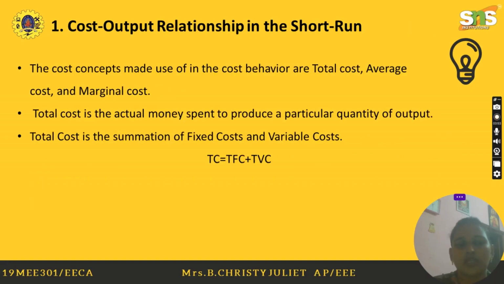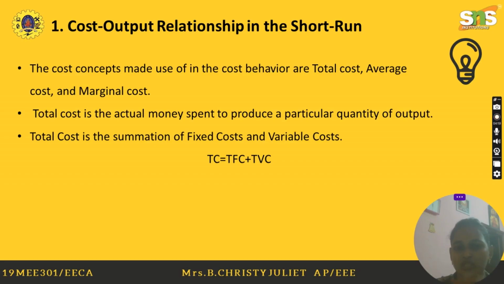So first, the cost concepts made use of in cost behavior are total cost, average cost, marginal cost. In general, the total cost is equal to TFC plus TVC, where TFC means total fixed cost plus total variable cost. In this video we will first see the relationship between cost and output in the short run.